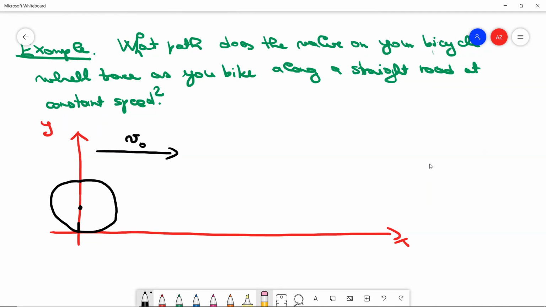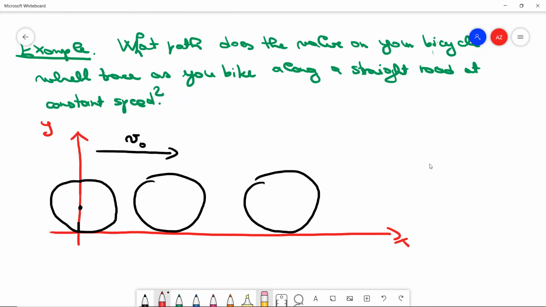So the center of the wheel moves with speed v0 in the direction of the x-axis. And this valve is, for example, here and here and then here. So we would like to describe the path of this valve. So it will turn out to be something like that.